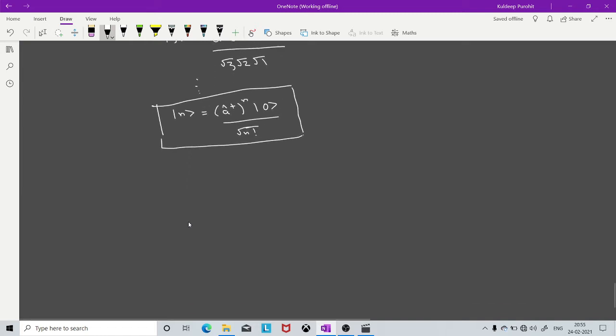So this is how you can represent any state. If you want to represent the third excited state or fourth excited state, anything you want, you can represent it using the a† operator, and you should only have the knowledge of the ground state.